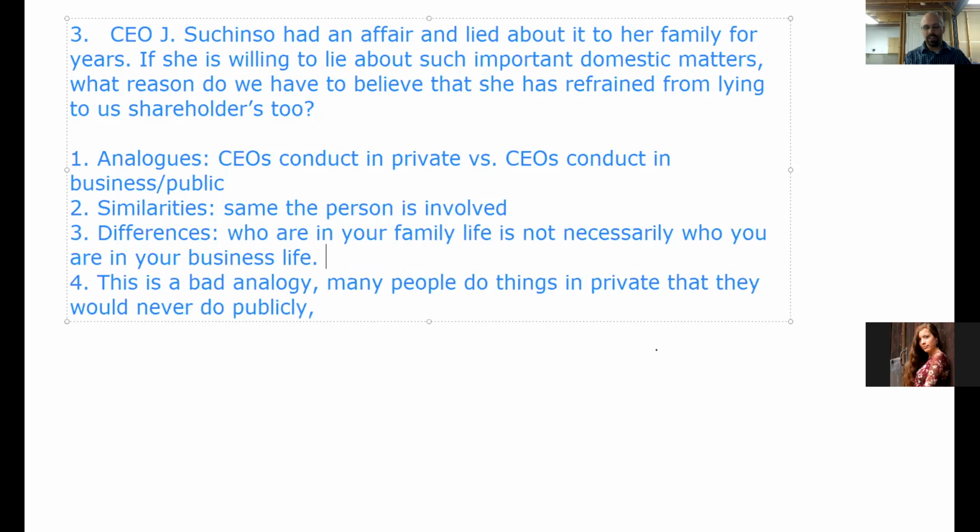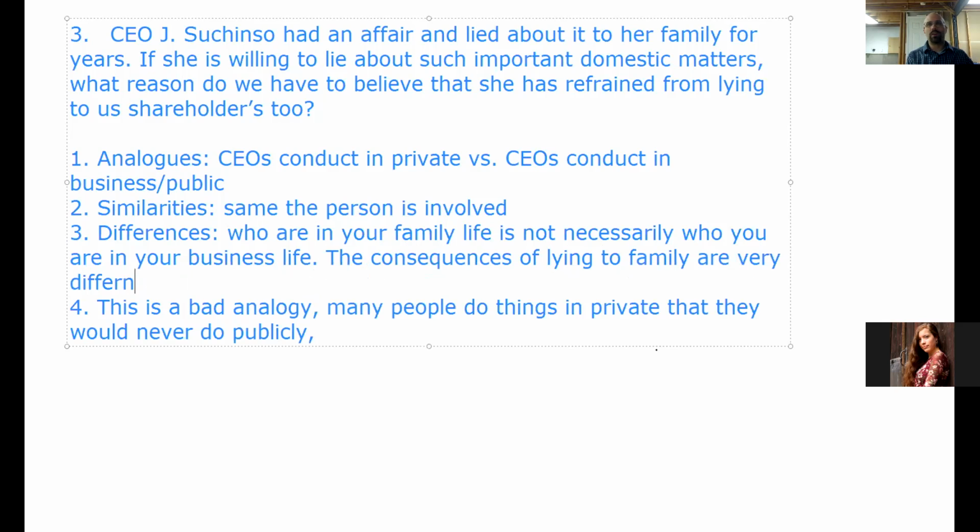And other differences we could point to even strengthen this: the consequences of lying in private to your family are very different from the consequences of lying to shareholders. You can go to jail if you lie to your shareholders. So that's actually a crime. Whereas adultery, while bad for domestic bliss, is not a crime.